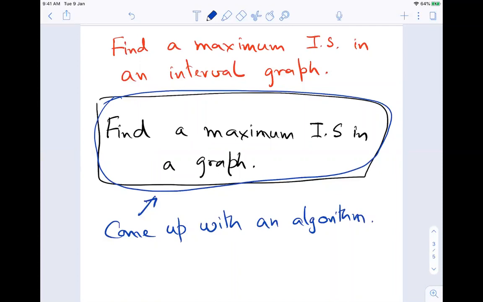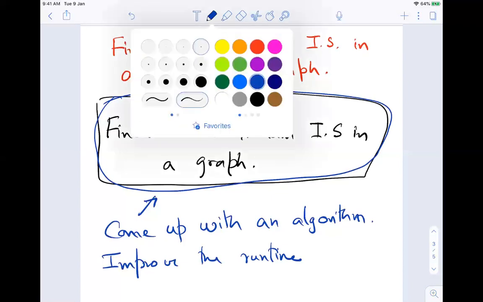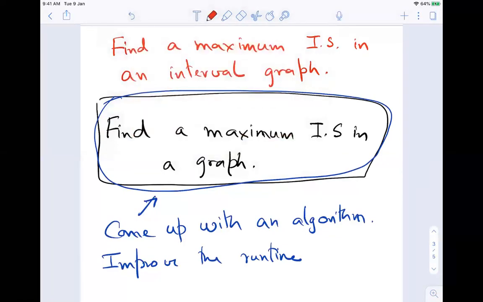And the next thing would be to improve the runtime. What you will realize is that you can do it in 2 to the power n number of steps. And by improve, I mean, can you do it in something polynomial in n number of steps?